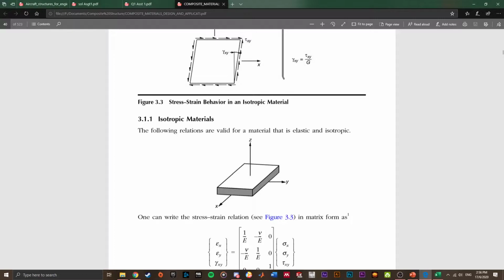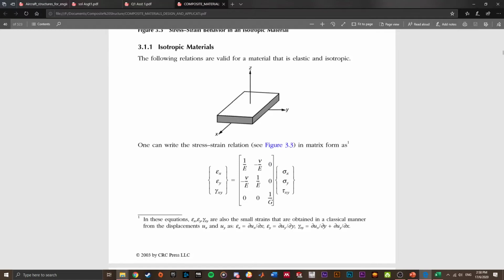So basically we can neglect the z direction, because it is almost impossible to deform in the z direction, because the moment of inertia is really big, so it is almost impossible to deform.